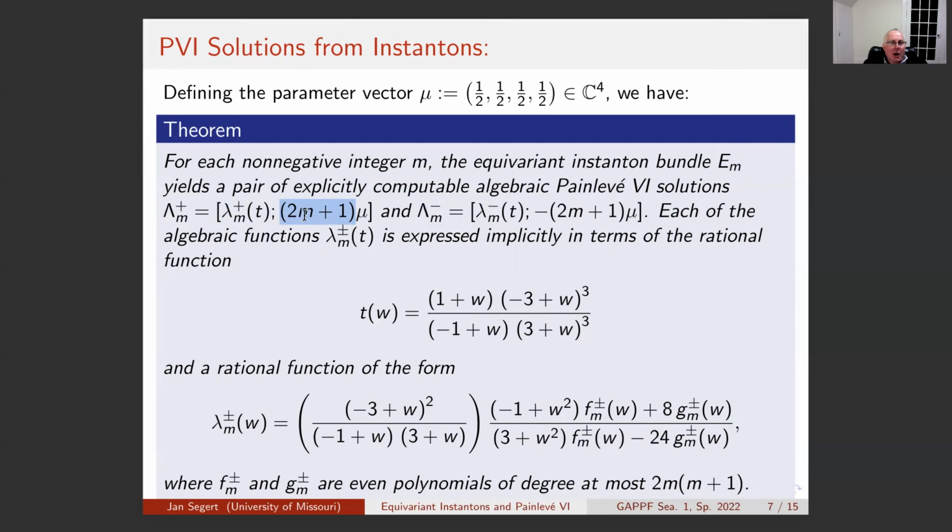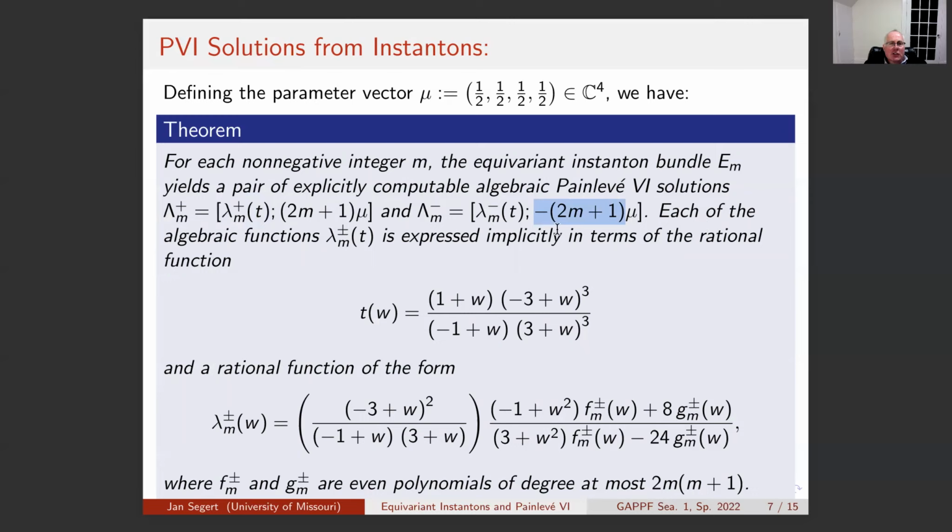So all 4 parameters are the same, but depending on m, they're different. Notice this one's plus 2m, this one's minus 2m. So for each m you get 2 solutions, and all of these solutions satisfy different Painlevé equations with different choices of constants.